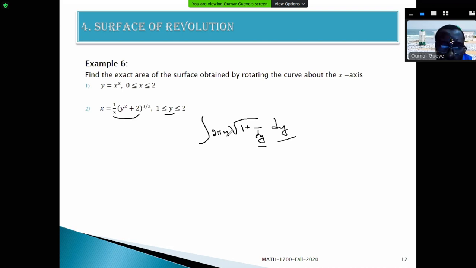But here you don't have to substitute y by anything, like in the previous example. In that case we did it because we had to express our integral in terms of x. So here we don't have to, because of the dy here. It means my integral should be in terms of y. Since I already have the y, I just leave it like that. Okay, this is how to find the appropriate formula.